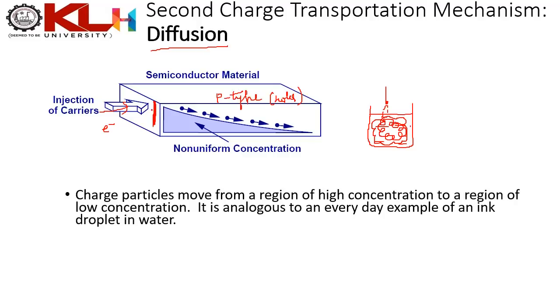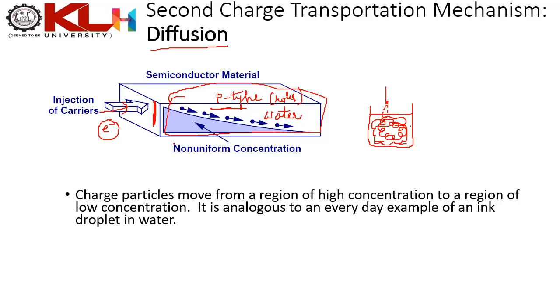There are very few electrons, and many holes on this side, so there is a high concentration gradient in this p-type region. So what happens is this electron becomes your ink drop, whereas the holes that are present in the p-type material become your water molecules, and diffusion takes place, just like the phenomenon that I described here.